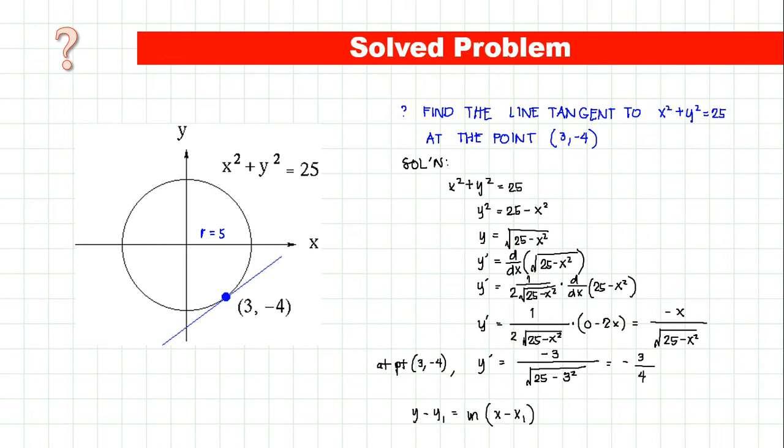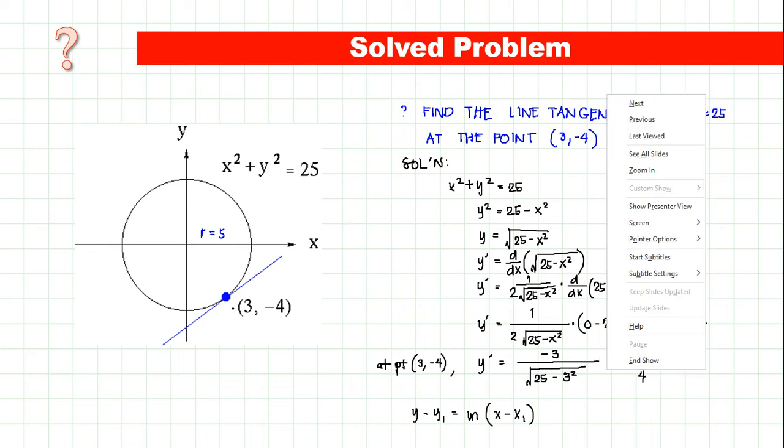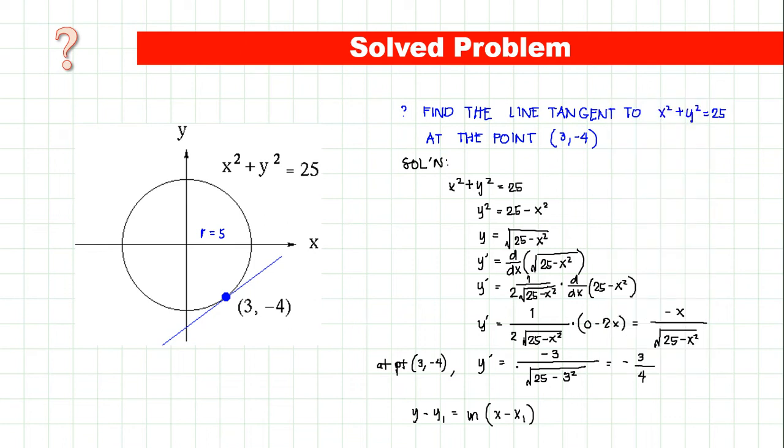Substitute natin. We now have y minus negative 4, diba? Negative 4 is equal to the slope, which is negative 3/4, right?